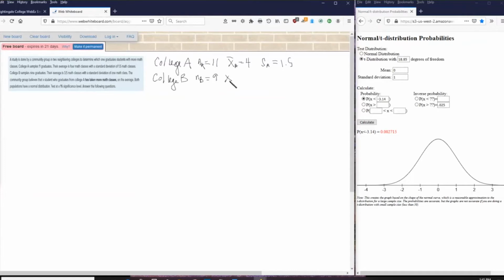My mean is 3.5. And my sample standard deviation is 1. Now, they've given us a significance level of 1%. So that's equal to 0.01, which means we're looking for a confidence level of 99%.